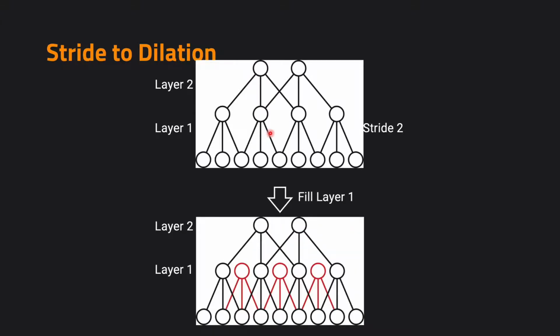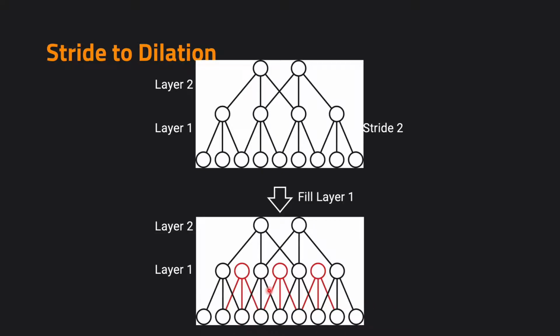Then, if we want to have a higher resolution of layer 1, it's actually very simple. We can just fill in the convolution, because of course this is convolution. All those connections have the same value, the same weights. We can just duplicate those filters and densely apply them on the whole image.